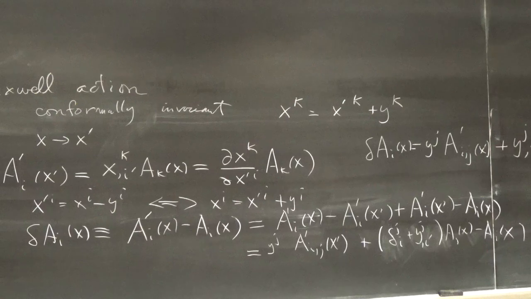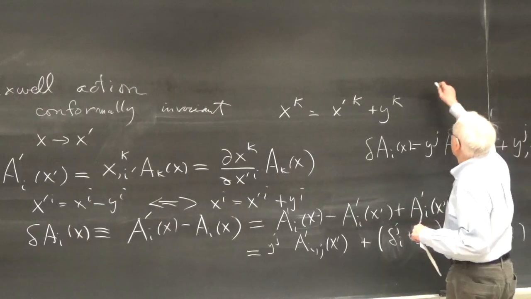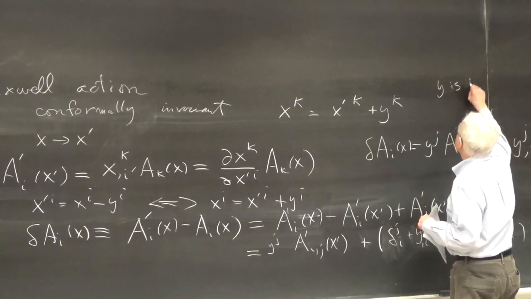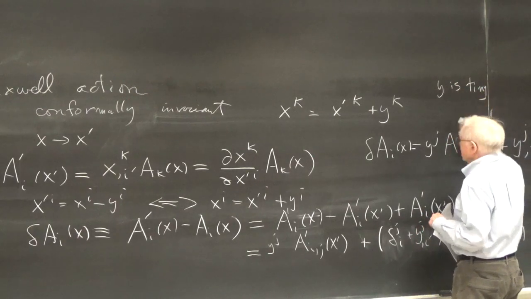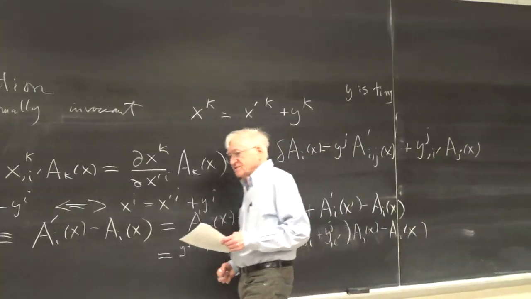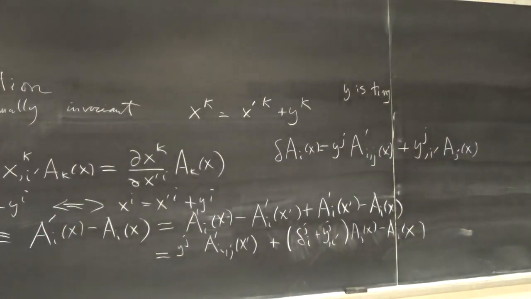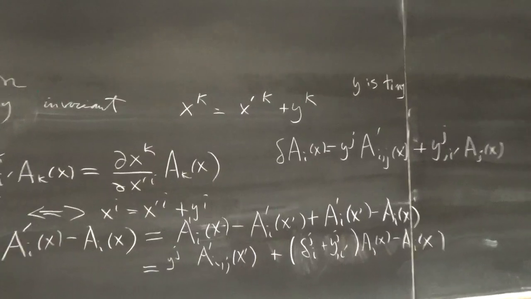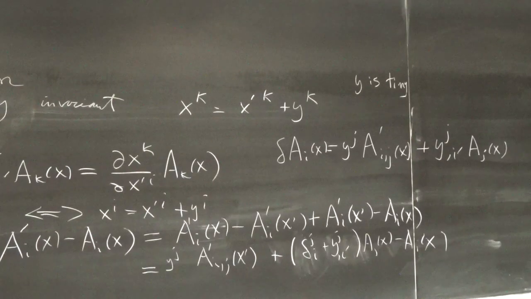Okay, now we take advantage of the fact that this is an infinitesimal transformation. So, in other words, y is tiny, and since y is tiny, we can ignore things that are second order in y.